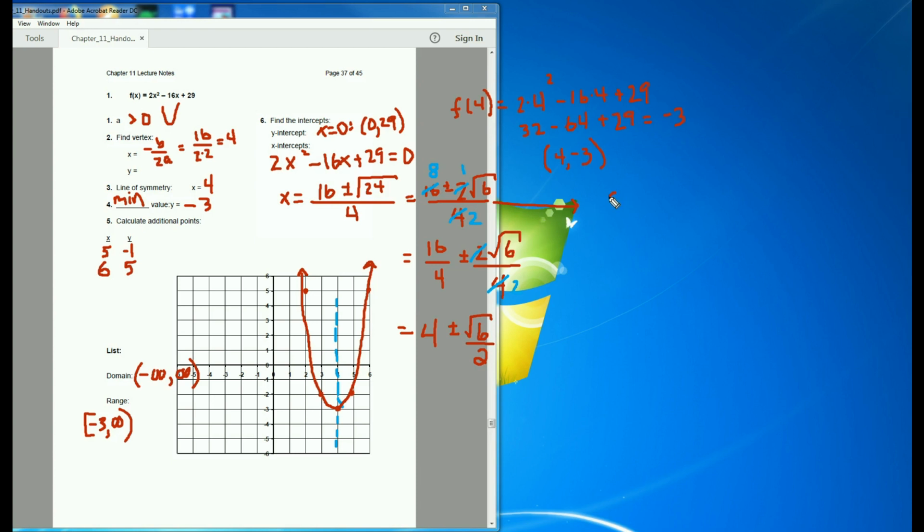So that would have ended up as 8 plus or minus the square root of 6 over 2. So these two things are equivalent. I guess you just never know exactly what form the answer is going to be in. All right, pause that if you want. I'm going to erase and go on to the next page.